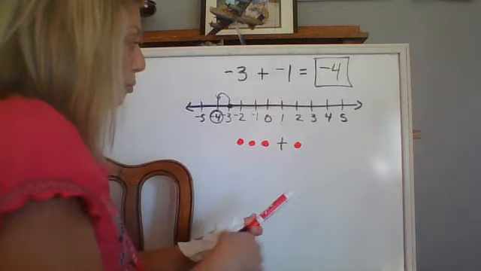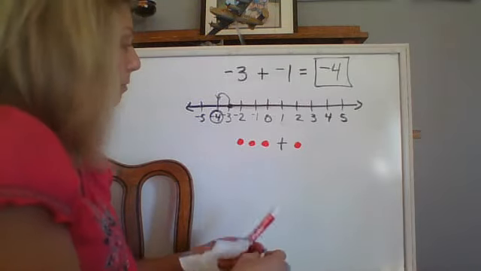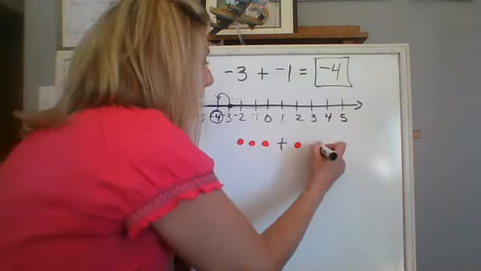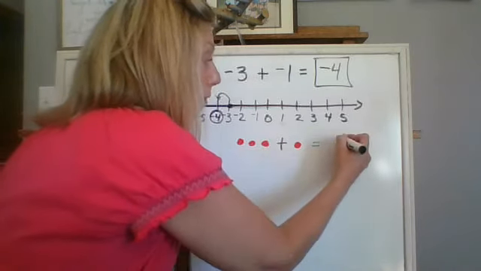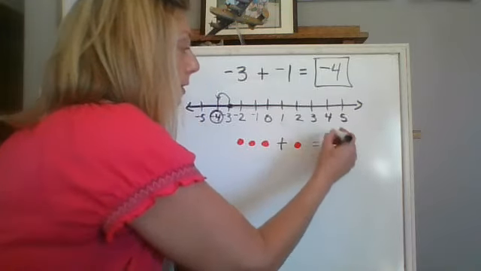How many of those red dots do I have? I have 3 negatives plus 1 more negative, which is 4 negatives altogether.